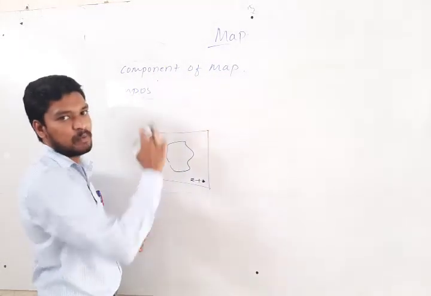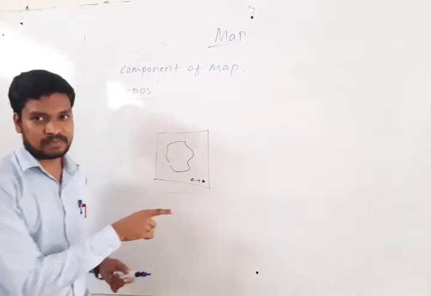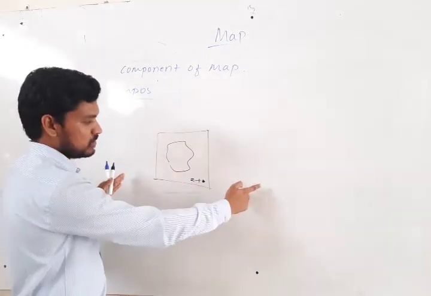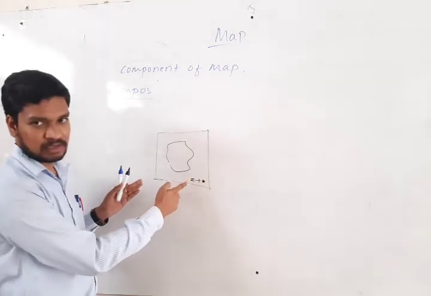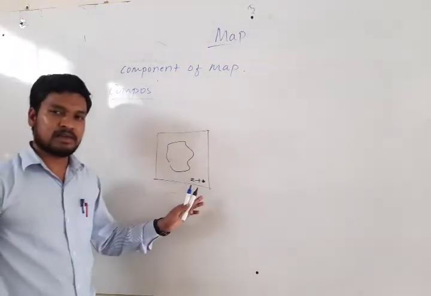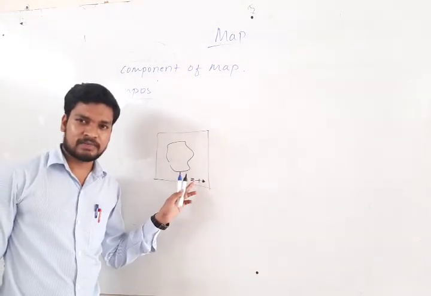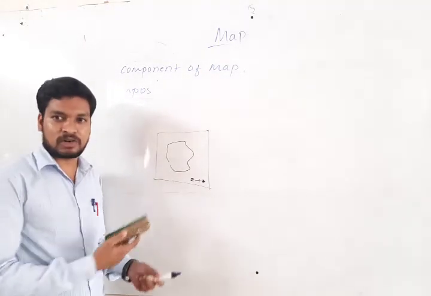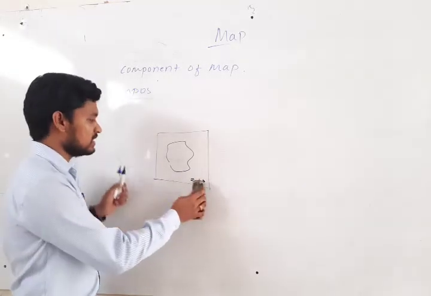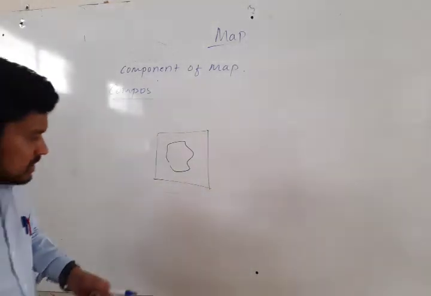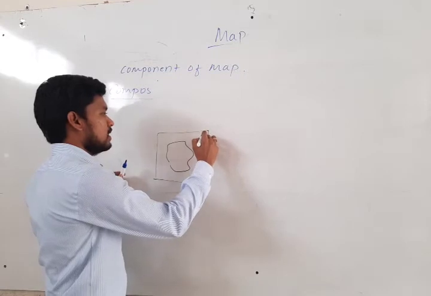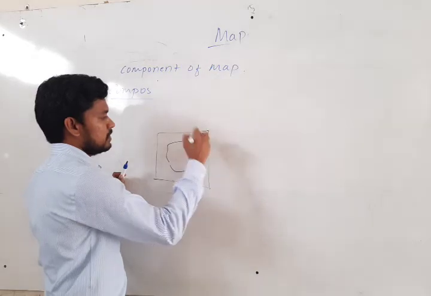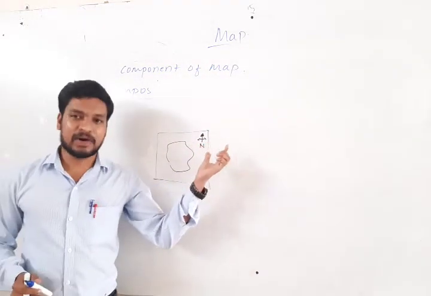Right now it's not in the correct position. It's showing towards the eastern direction, but it's marked as north. So is the map wrong? No, the way we are reading it is wrong. The map is not wrong; they mentioned it correctly. But we have to turn the map so that this direction shows towards north. Then it's correct. So that's the compass.